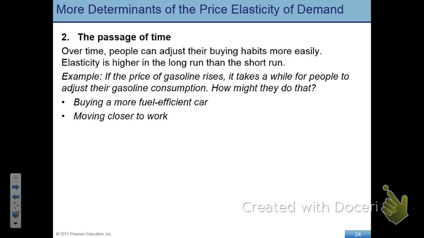So over time, the good for which the elasticity of demand was very low, meaning that the demand was inelastic, could slowly become price elastic. Make sense?